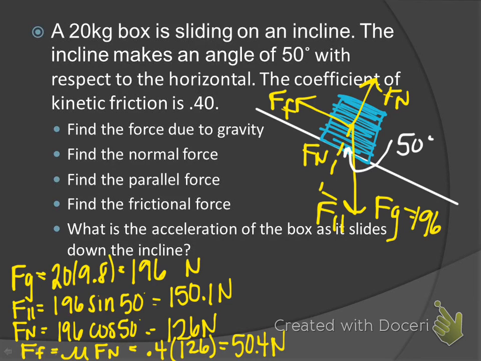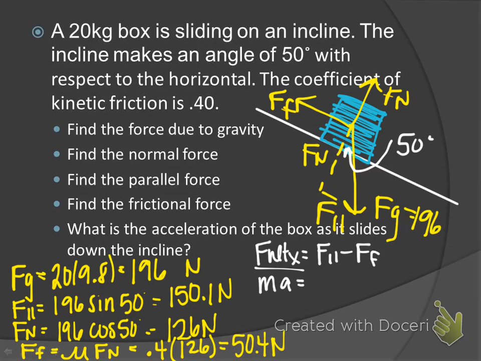Okay, so let's look at our net force equation in the x direction. Matt, can you give me our net force equation? Perfect. F parallel minus F friction. Good. We're going to substitute MA right here.